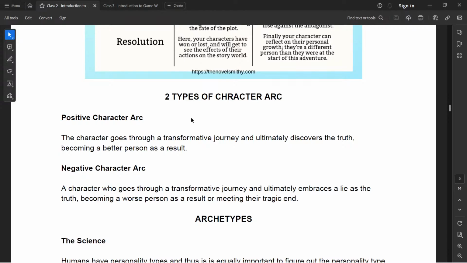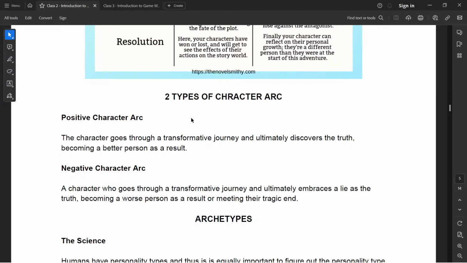But with a negative character arc, you wouldn't think about what's going to happen, even though you get to know the same truth. You embrace it as a lie. You don't think of it as the truth. That's what Cole did in the game if you go for the negative arc.